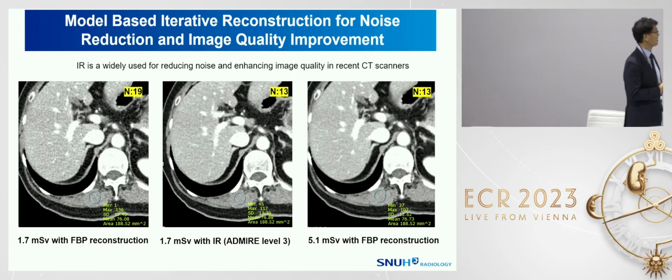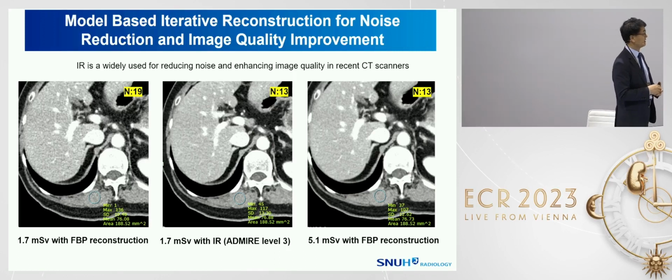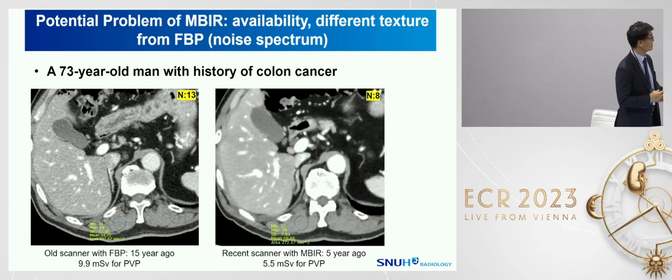If you use ADMIRE, which is a Siemens MBIR technique, the noise level drops down to 13. If you compare the MBIR low-dose CT images with the standard dose FBP images, the noise level is roughly similar. MBIR can effectively reduce image noise.